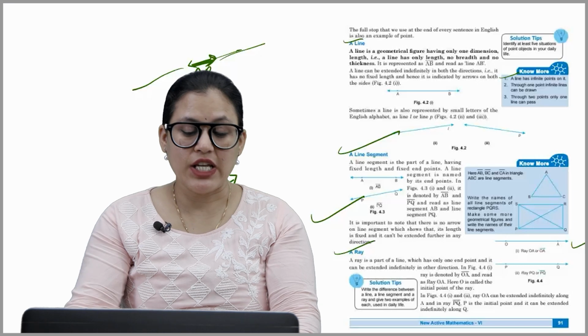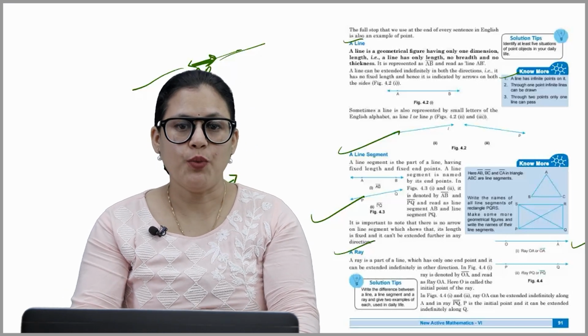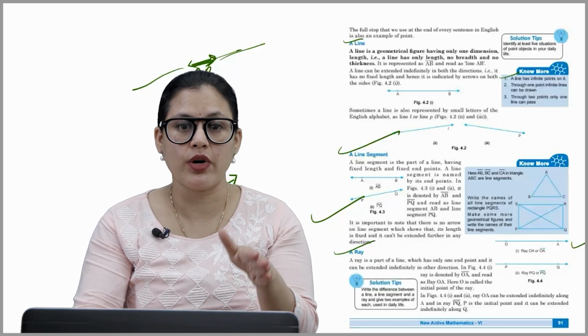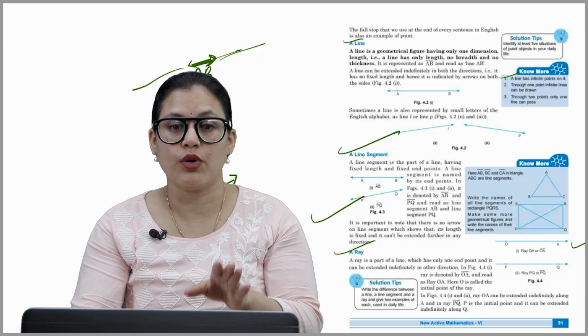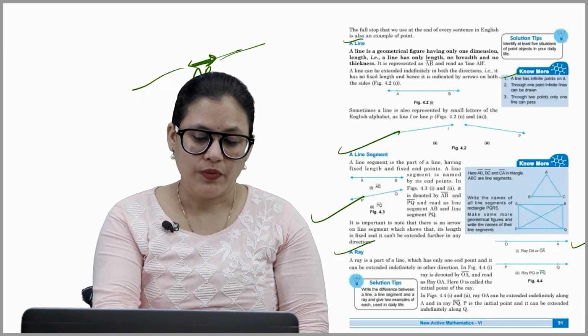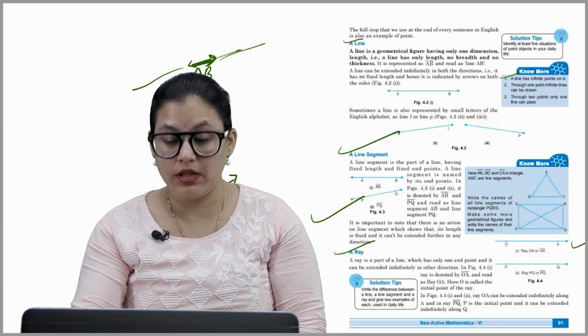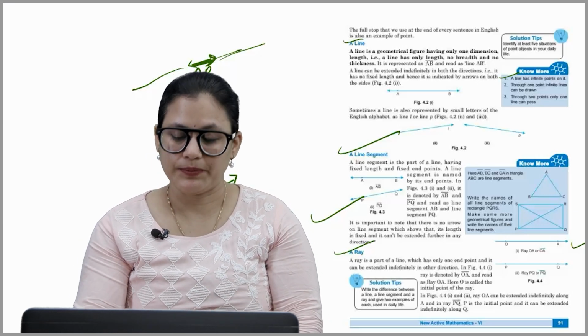Here O is called the initial point. In figure 4.5, 1 and 2, ray OA can be extended indefinitely along A, and in ray PQ, P is the initial point and it can be extended indefinitely along Q. So, this ray from A we can extend indefinitely on this side, and in ray PQ also we can extend this from Q.